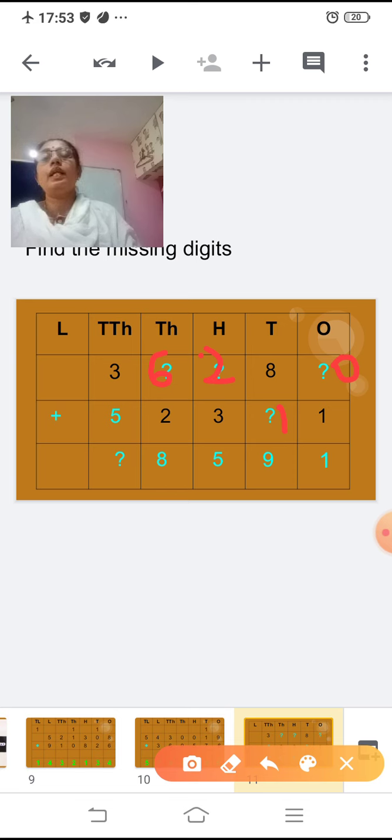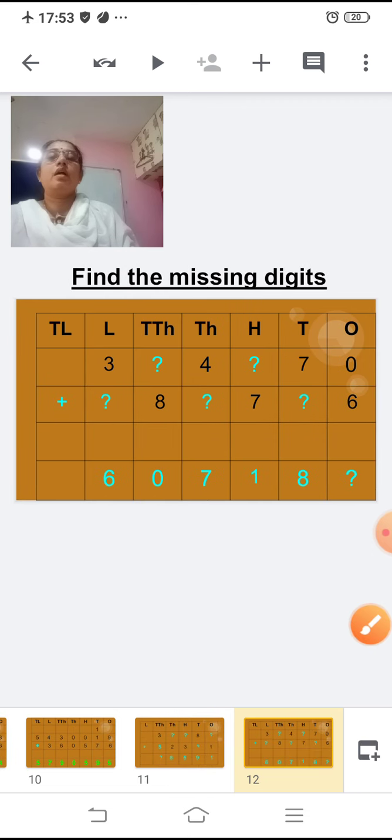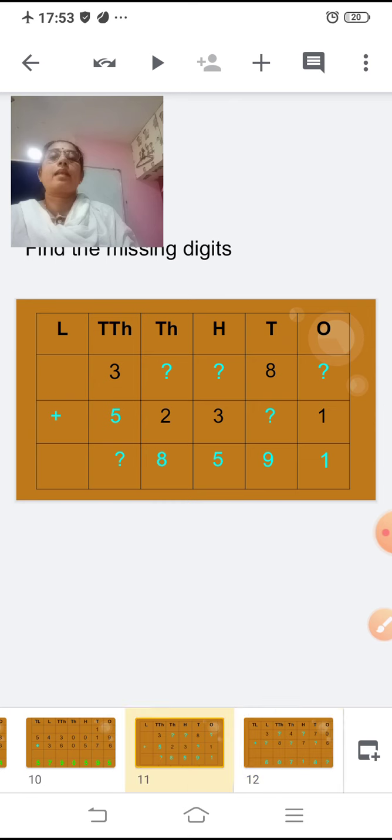Correct? Now here in the 10,000s place both the addends are given. You have to write the sum, the answer. So 3 plus 5 will give you 8. Correct? So easily you can find out the numbers.